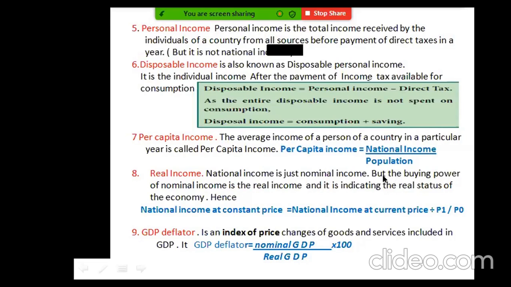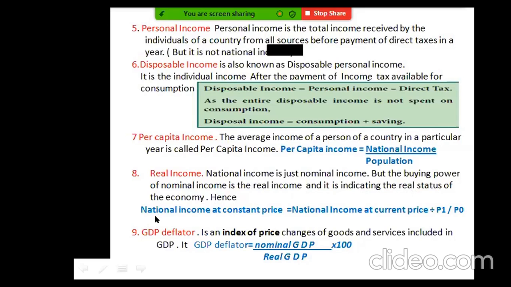The buying power of nominal income is the real income, and it indicates the real status of the economy. The level of real income helps us to know the status of the economy.